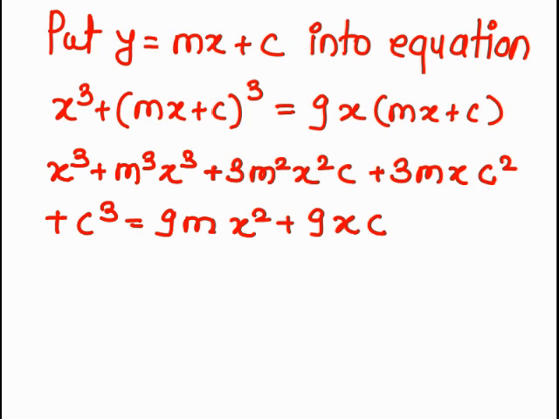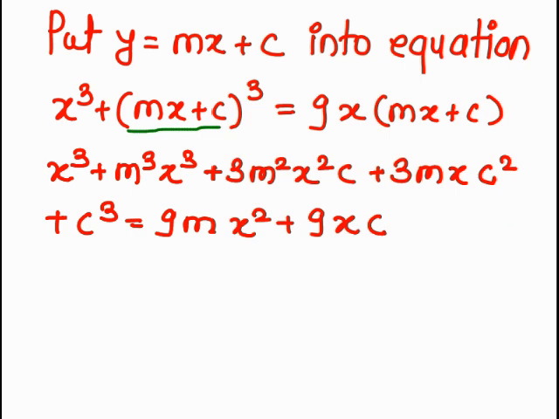So by simplifying this bracket, we get x cube plus m cube x cube plus 3 m square x square c plus 3 m x c square plus c cube is equal to, multiplying the 9x inside, 9m x square plus 9xc.